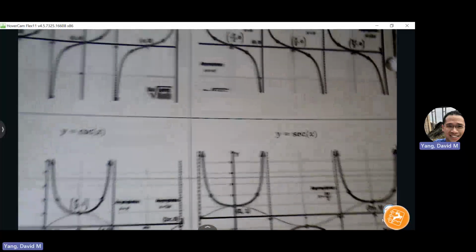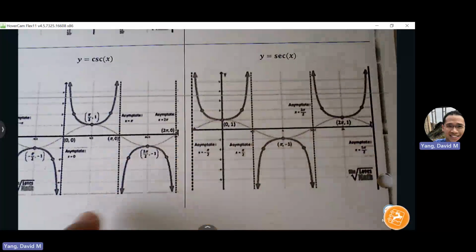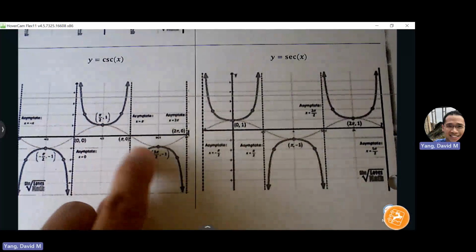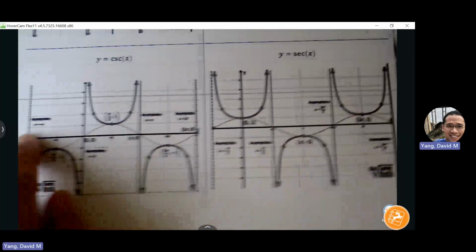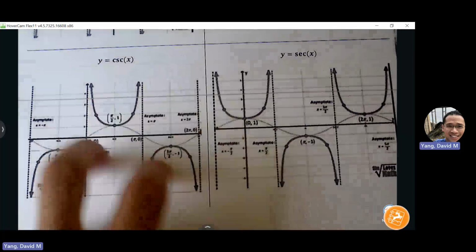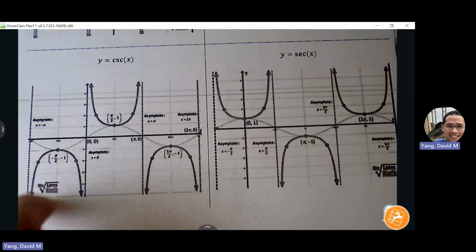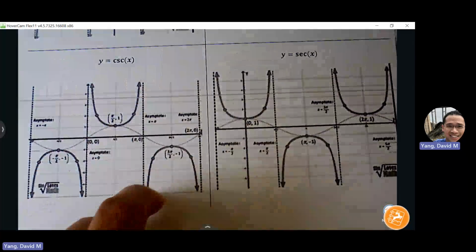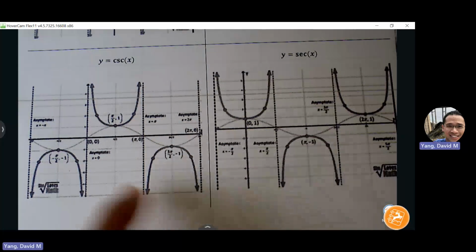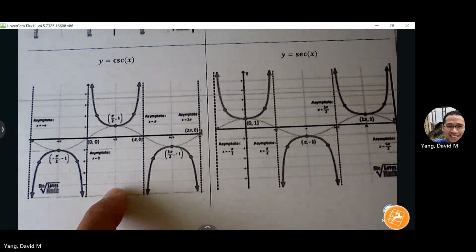Then cosecant and secant are basically parabola-looking shapes that build off of the sine and cosine. If you know what the sine looks like, then wherever there's a 0, you can drop an asymptote, and wherever there's a peak and valley, you can draw these parabola-looking shapes that will be your cosecant graph.